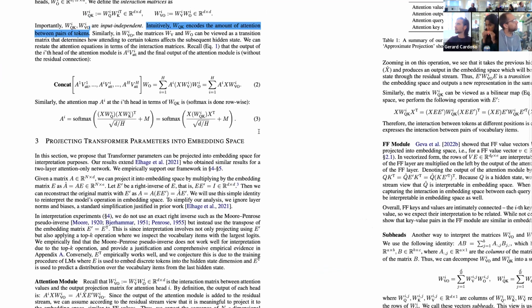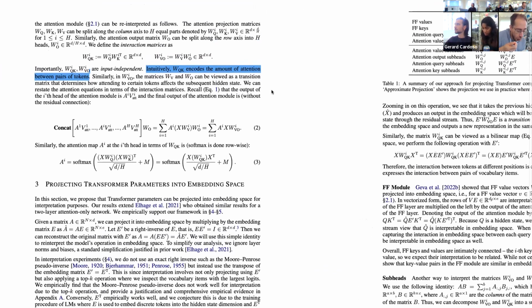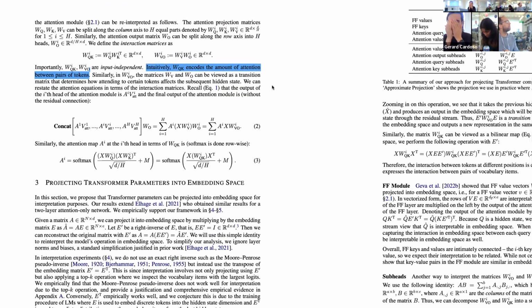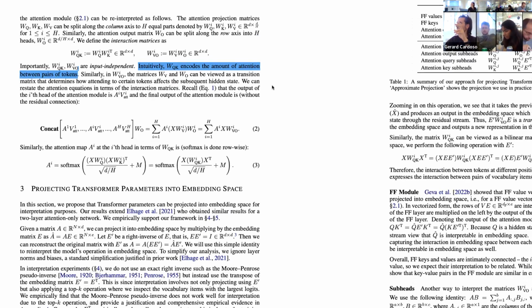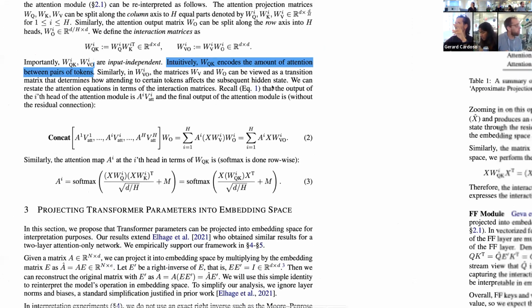Then, if you remember, you can project the feed-forward weights into the embedding space. I think the interesting part is if you rework the softmax.